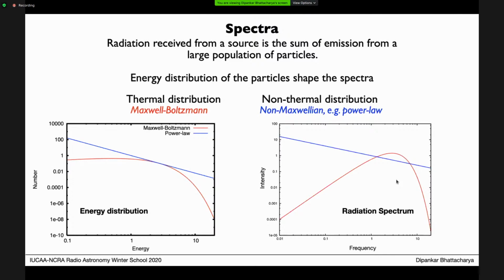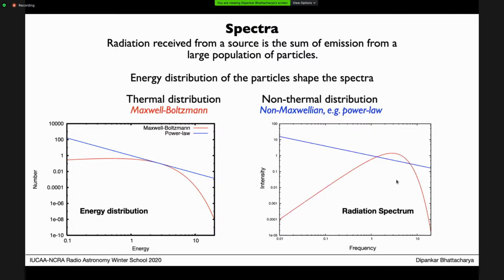So what we actually see from the source is a sum of the spectrum received from all these individual particles. So what will be the shape of this spectrum, which we receive from a population of particles?